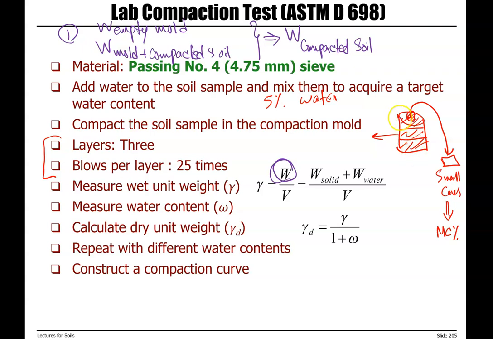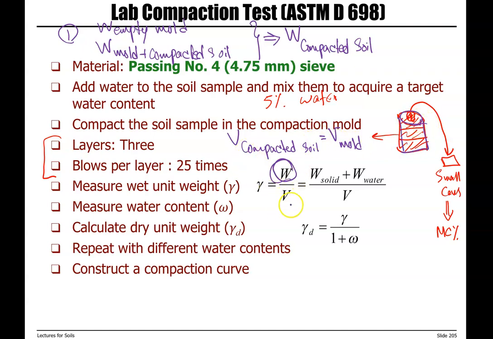We also know what is the volume of this container. So volume of compacted soil is equal to the volume of mold. This mold here.